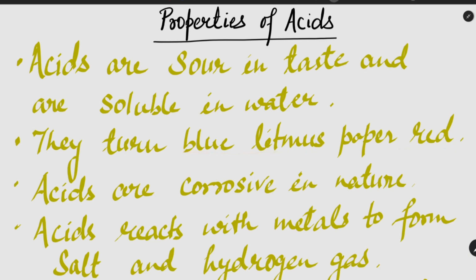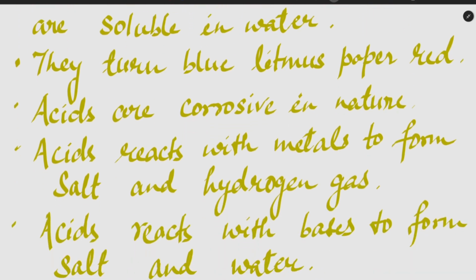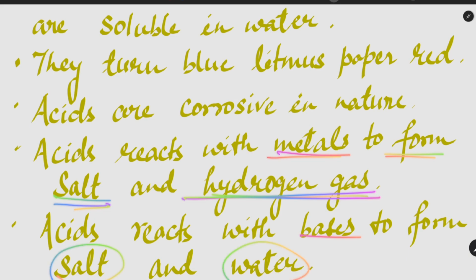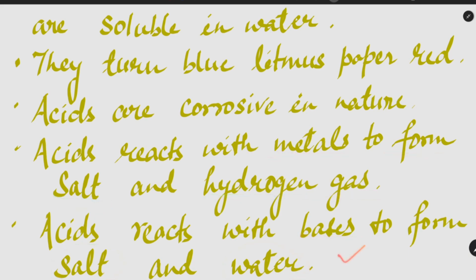Acids are corrosive in nature, so they can burn clothes and skin. That's why acids are stored in glass bottles. Acids react with metals to form salt and hydrogen gas. Acids react with bases to produce salt and water. This is known as the neutralization reaction, which we will discuss later on.